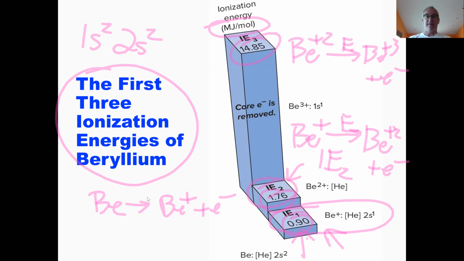And why is that? Well, because the first electron was in the 2s. The second electron was also in the 2s. But where's the third one? In the 1s. So there's 2 things happening.